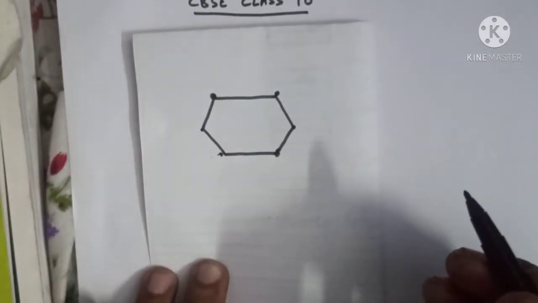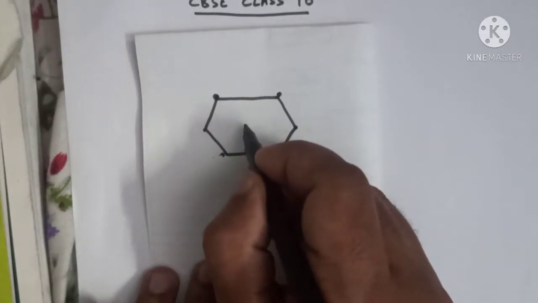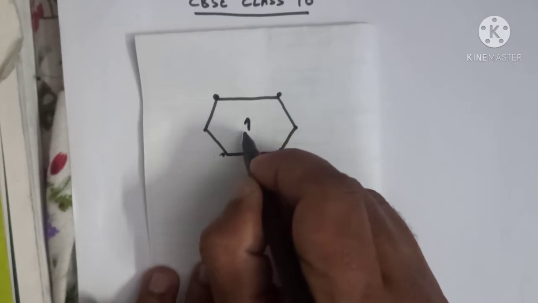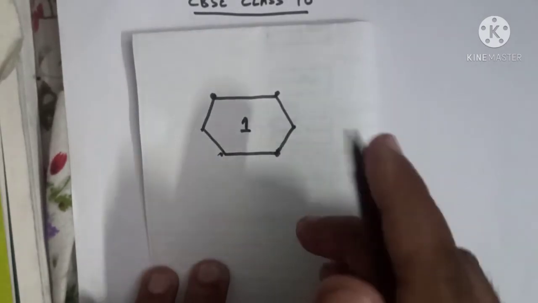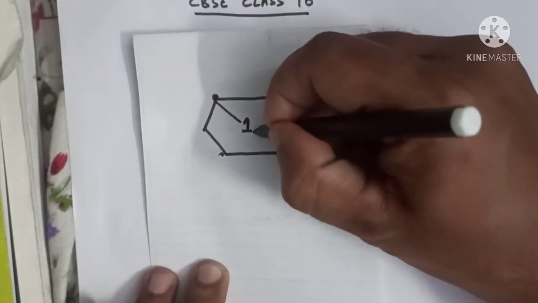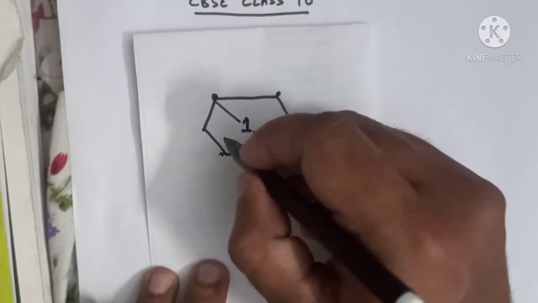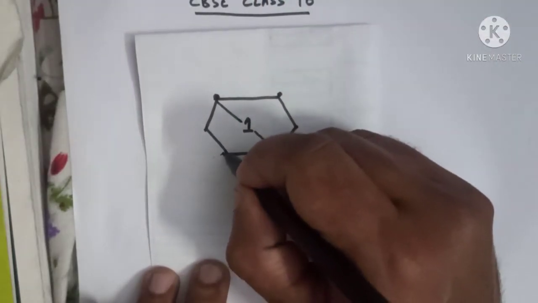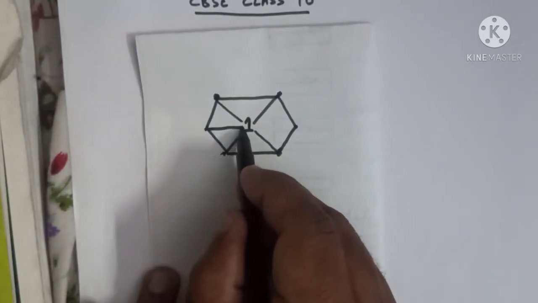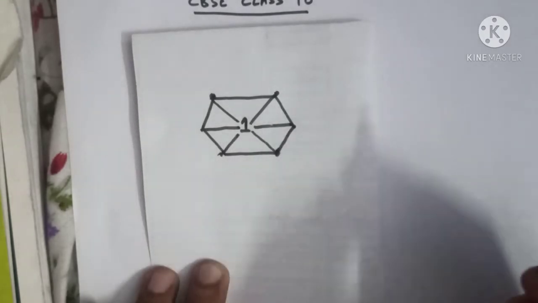It has 6 vertices, and this magical hexagon has 1 at the center. Now we will join the opposite vertices. I've joined like this, this vertex will be joined with this, and these two vertices will be joined like this.